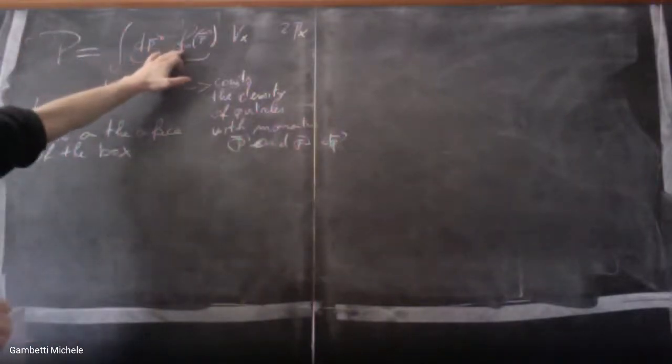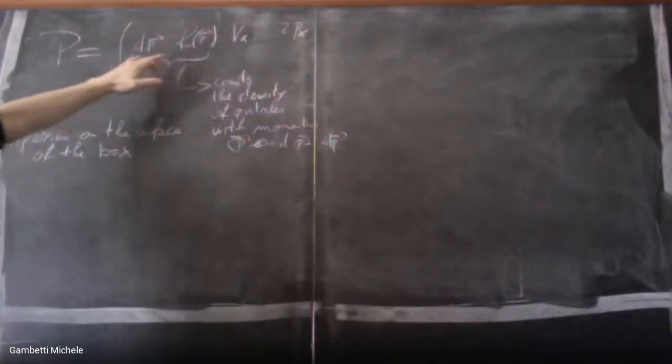Okay? Because F0 is proportional to n, so it's a particle density, a number of particles divided by the volume.